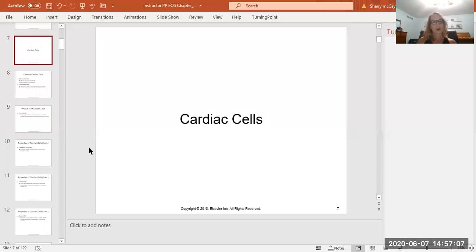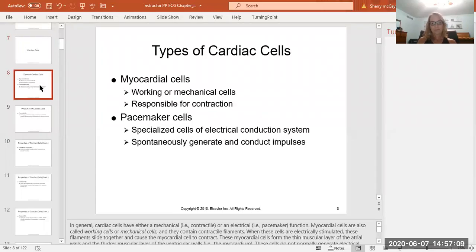Okay, so cardiac cells. In general, cardiac cells have either a mechanical function, which is contractile, so that's where the heart contracts, or an electrical function, which is kind of like a pacemaker function.